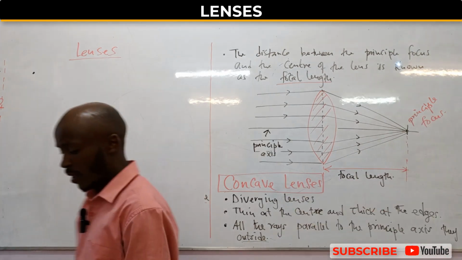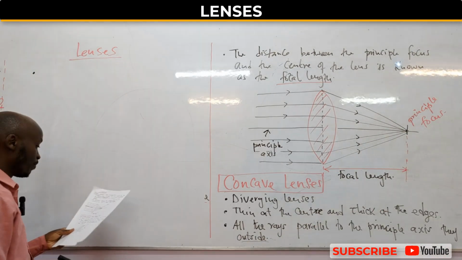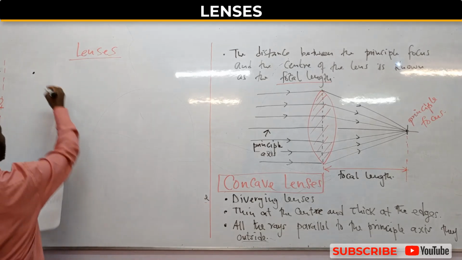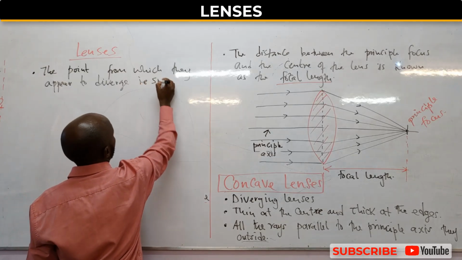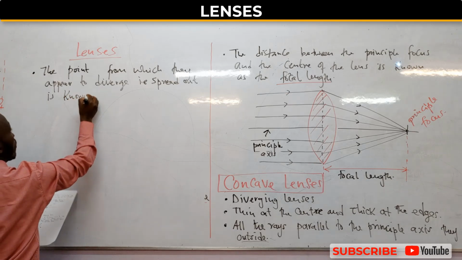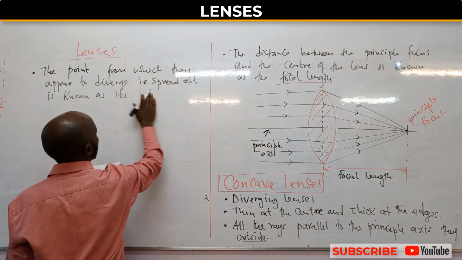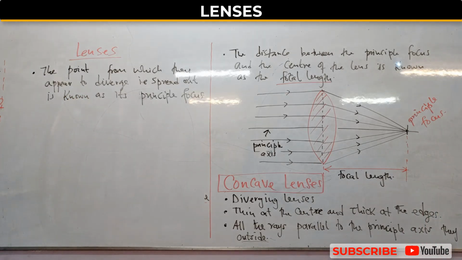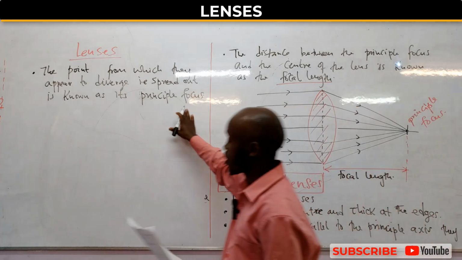All right. The point from which they appear to diverge, that is spread out, is known as its principal focus. It's like they're coming from a center and then spreading out.